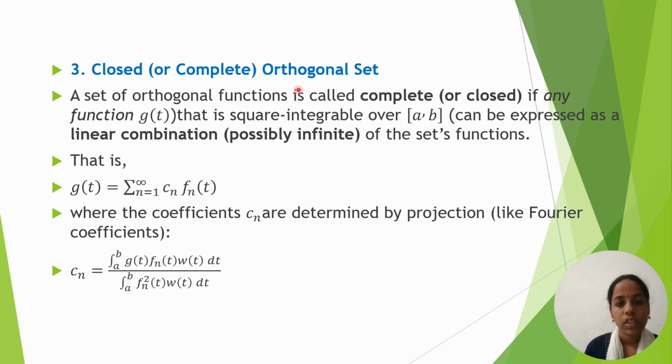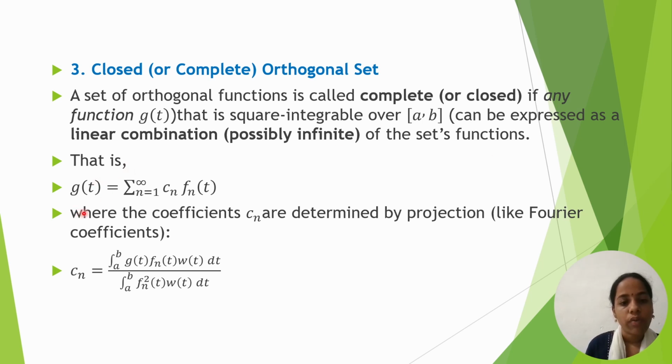Next, closed or complete orthogonal set. A set of orthogonal functions is called complete if any function g of t that is square integrable over the interval a comma b can be expressed as a linear combination, possibly infinite, of the set functions.